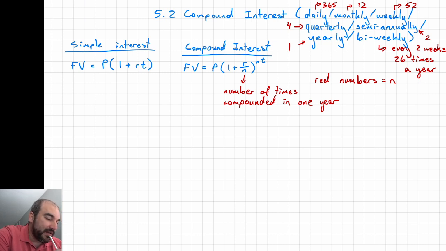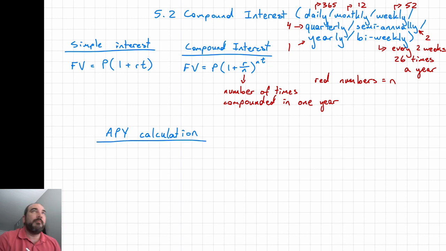The second thing I want to talk about is APY, which is the annual percent yield. The APY comes from when you borrow money, let's say, and it's an interest rate that's compounded monthly, right?